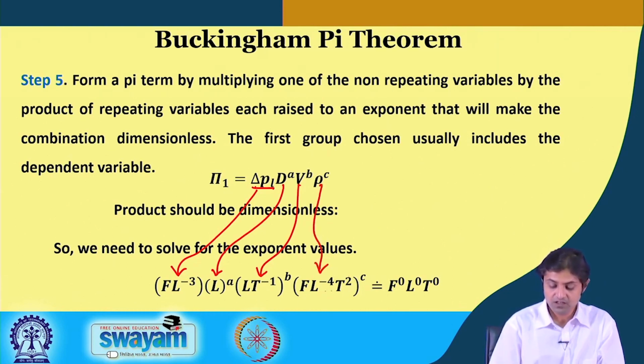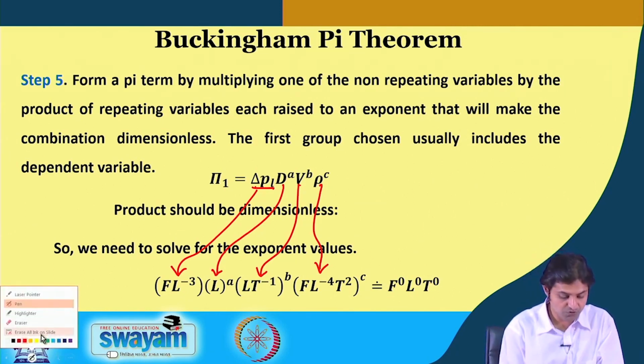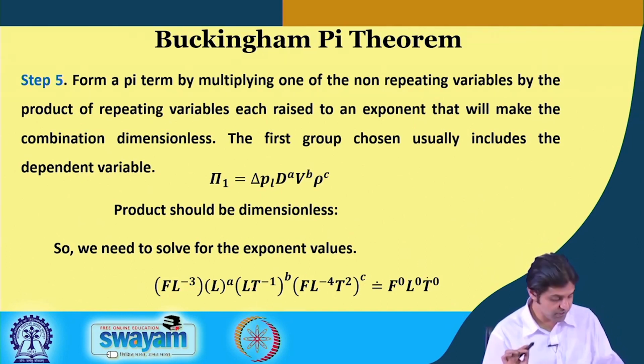The whole should have no dimension, meaning F to the power 0, L to the power 0, T to the power 0. Normally, how would you solve that? You collect the powers of F and equate them to 0, collect the powers of L and equate them to 0, and collect the powers of T and equate them to 0. All right, we will see.